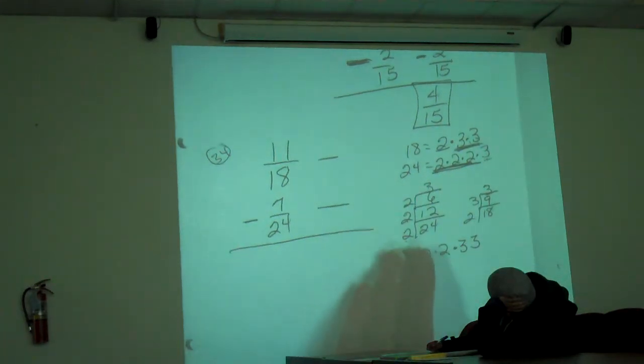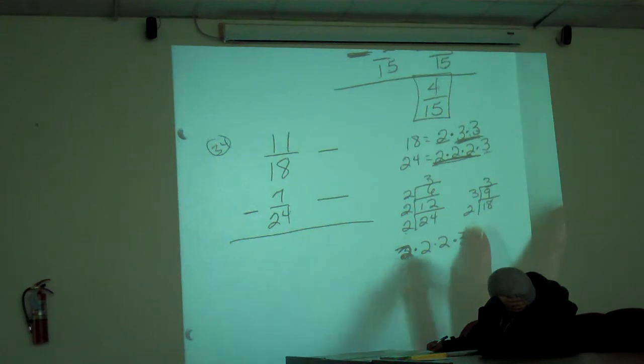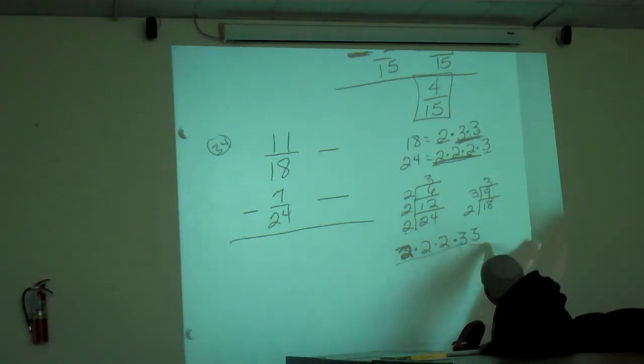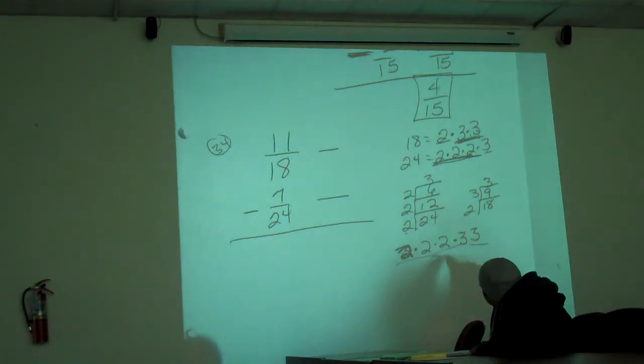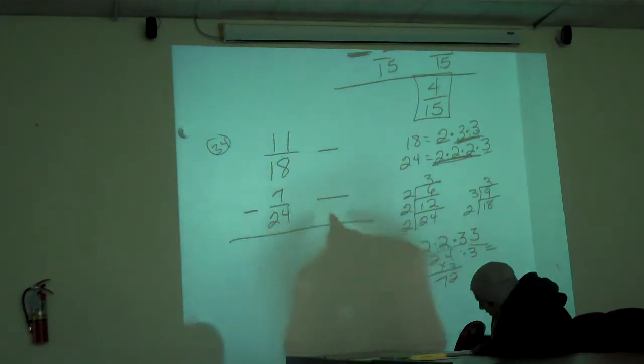See, there's your 18. Goes into it, and if you look right there, 24 will go into it. So it's 24 times 3. 24 times 3 is 72. So 72 is our common denominator.